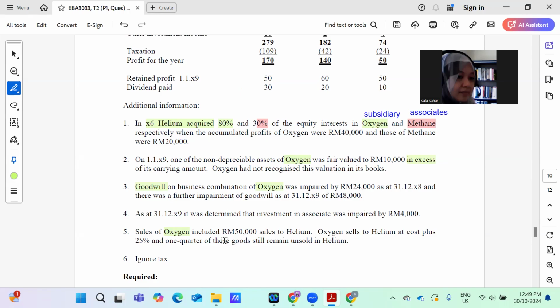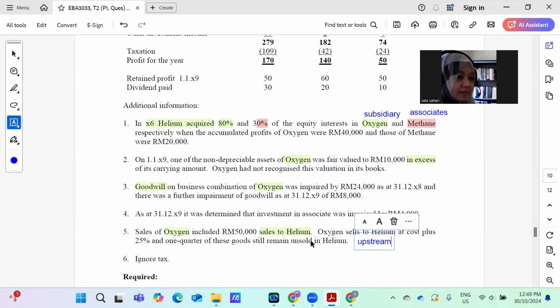Oxygen sales to Helium, so this is to the investor. So the sales to Helium should be upstream. You can also refer to the note at page 4. All right, so for the upstream, we need to do adjustment on our account later.